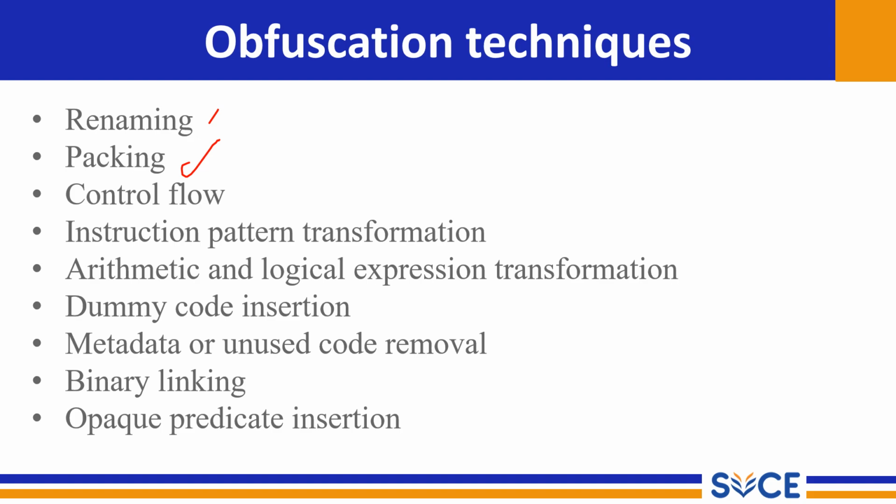Okay, so what is meant by control flow? With control flow, the code's logical structure is changed to make it less traceable. Decompiled code yields non-deterministic semantic results and is made to look like some super logic. Okay, and this logic is unstructured and therefore hard for a hacker to understand or take advantage of. And next one, instruction pattern transformation.